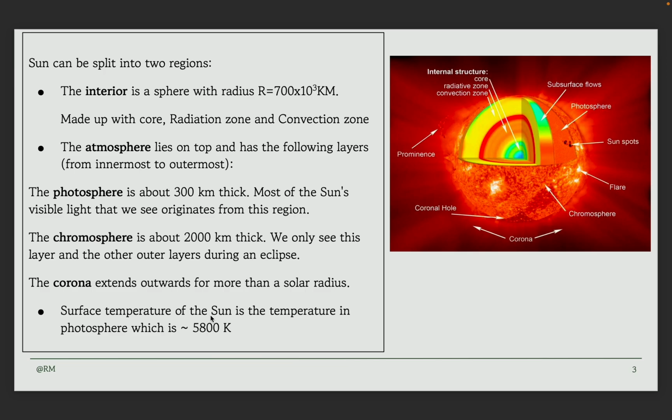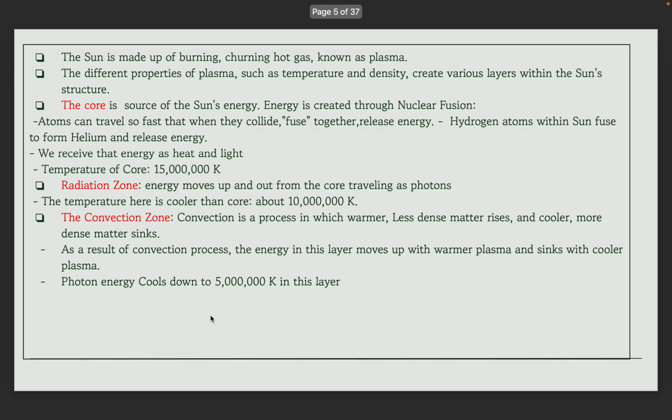And in this process, a huge amount of energy is radiated. Then after the core region there is a radiative zone where the temperature drops from the core, to about 10 to the power 6 Kelvin, and here the energy moves up and out from the core, traveling as photons.